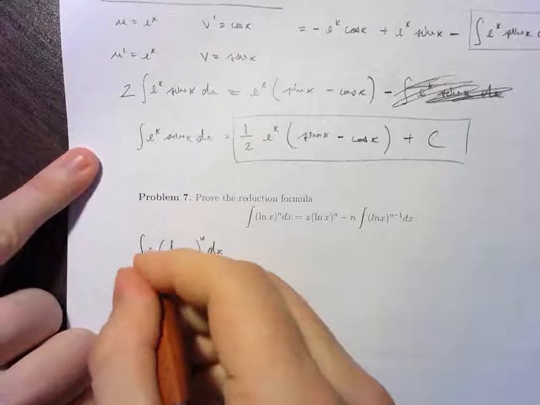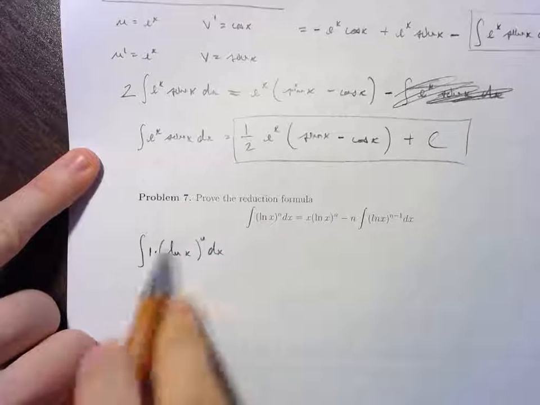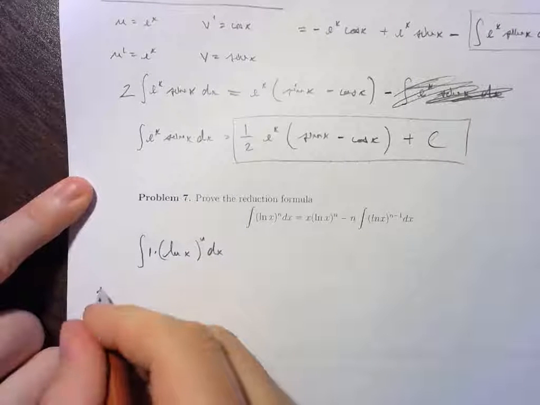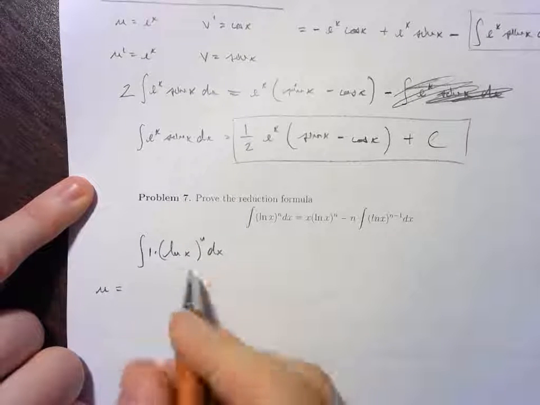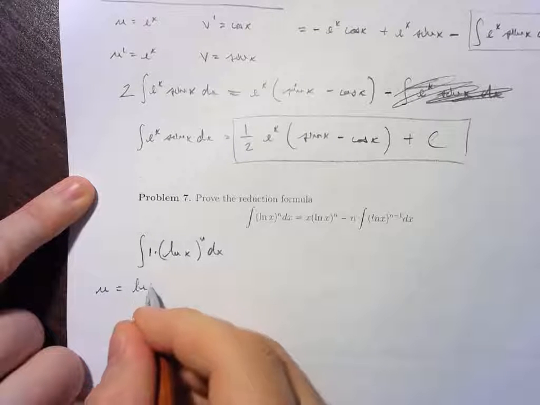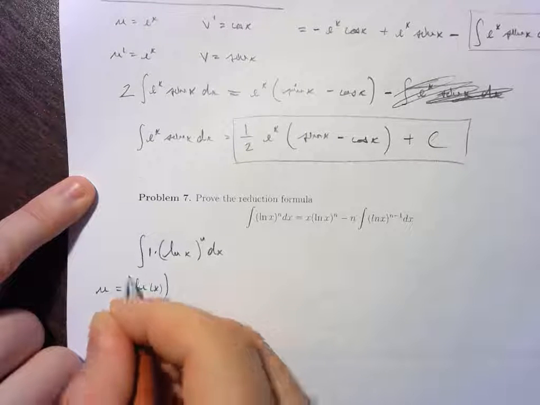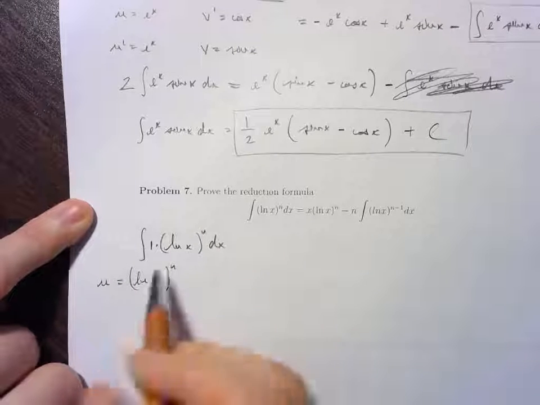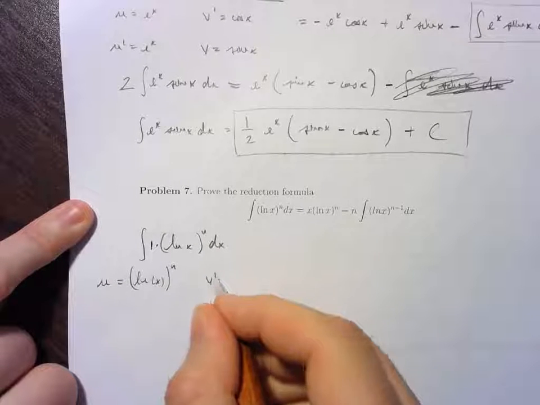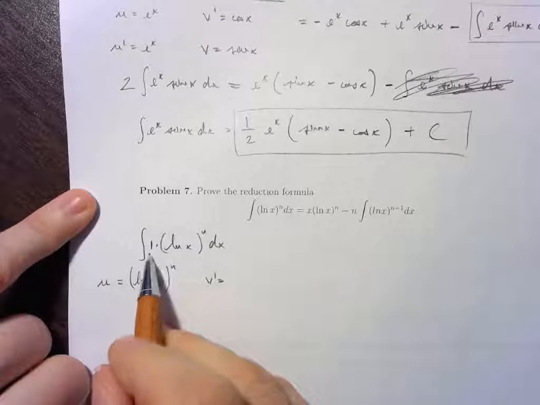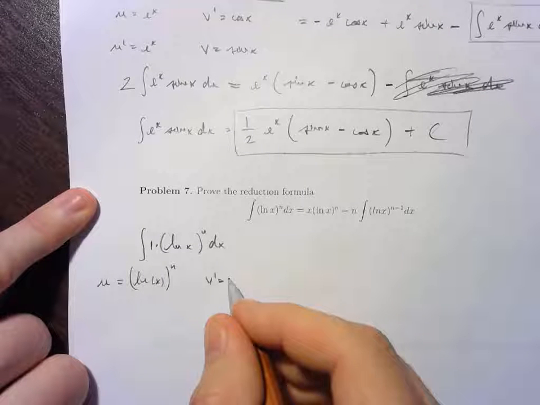In other words, I'm going to add an extra 1 times the function here, and then I'll let the u be the natural log part, and I'm going to let the v prime be the 1.